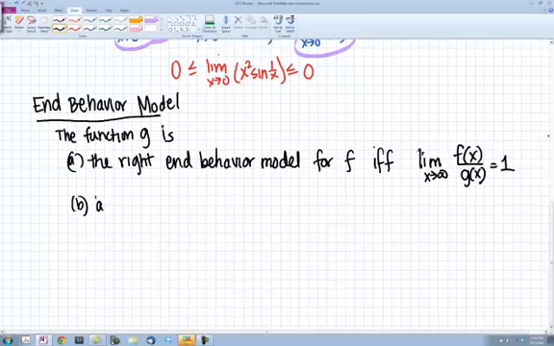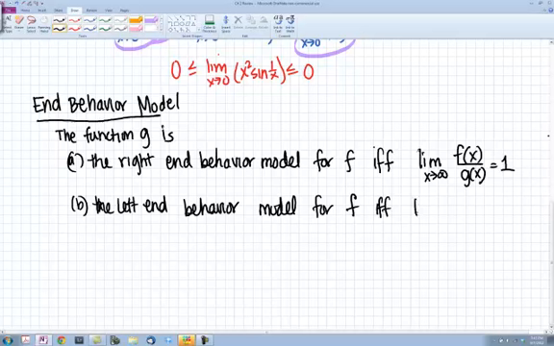and it is called the left end behavior model for f if and only if the limit as x approaches infinity of f of x over g of x equals 1 as well.